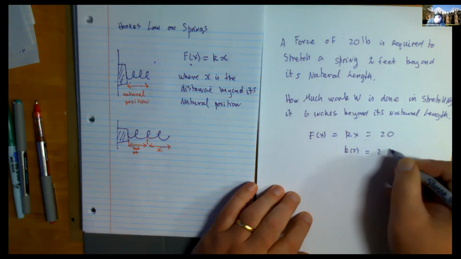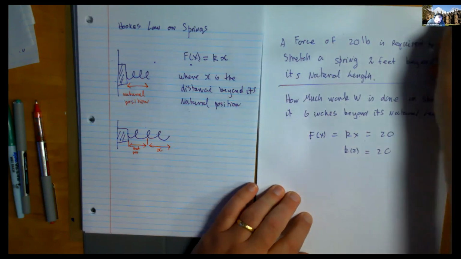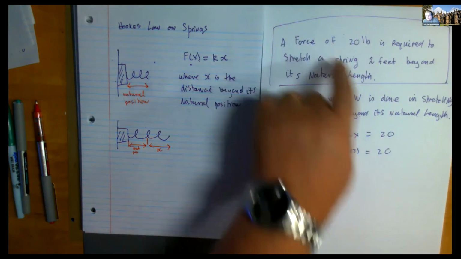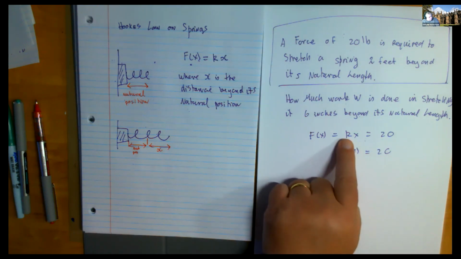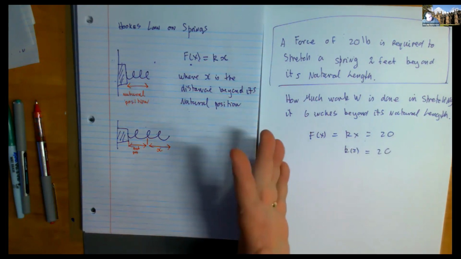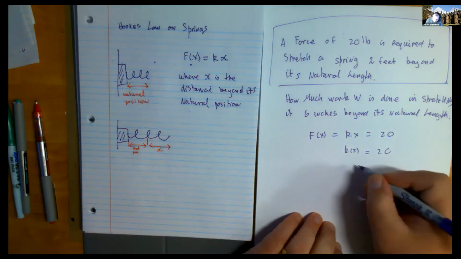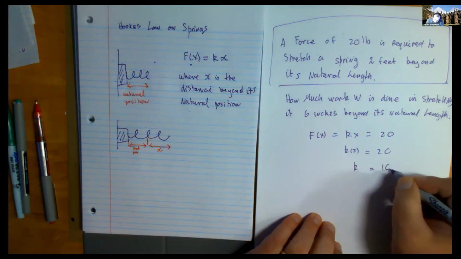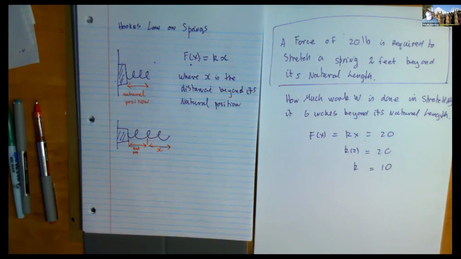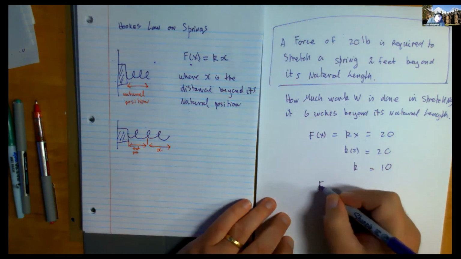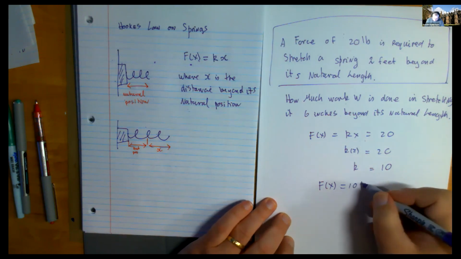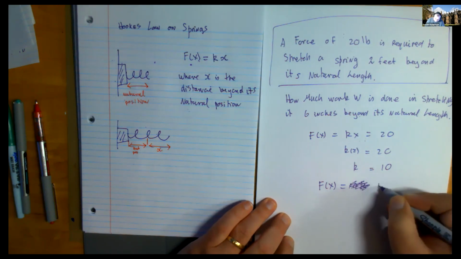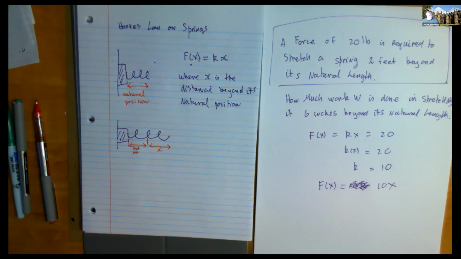So that intro had one job, to allow us to get k. k times 2 is 20, 2 feet. Doesn't that make k 10 in this story? So I now know my force function.